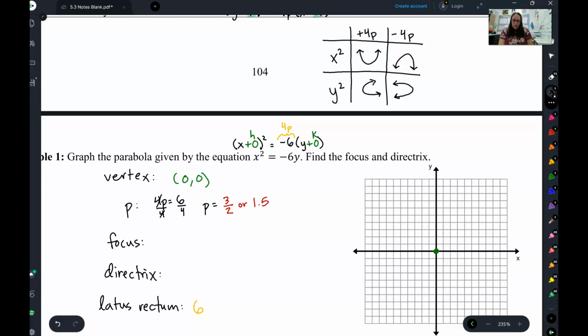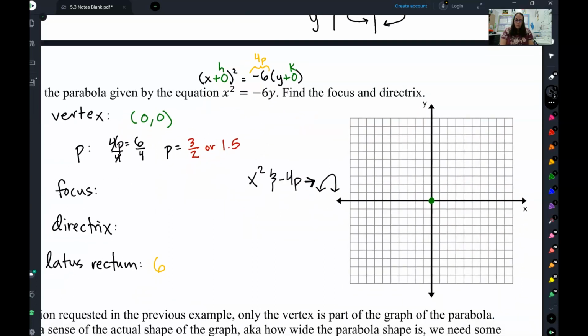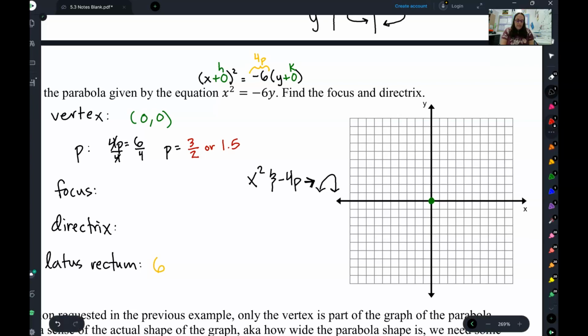So I'm going to make a little note here. I have an x squared and a negative 4p. So that means my parabola should be facing down. So now that I know that it's facing down, my p is going to go up and down. Up 1.5, down 1.5.